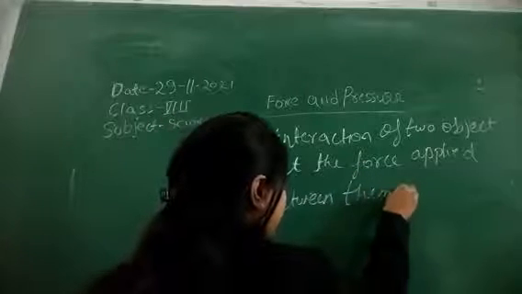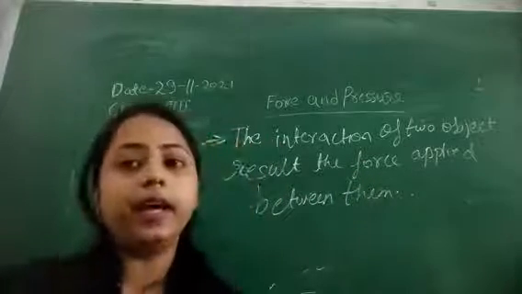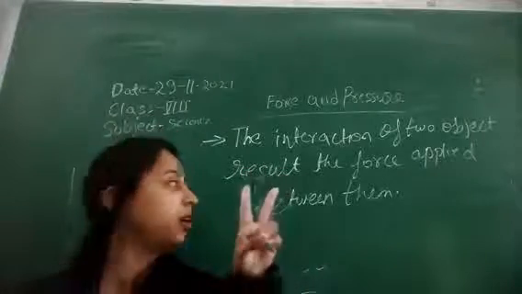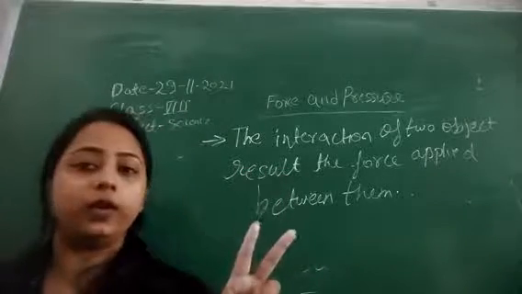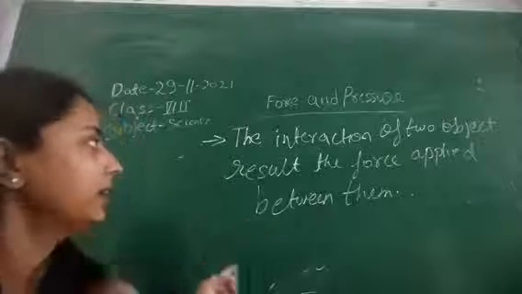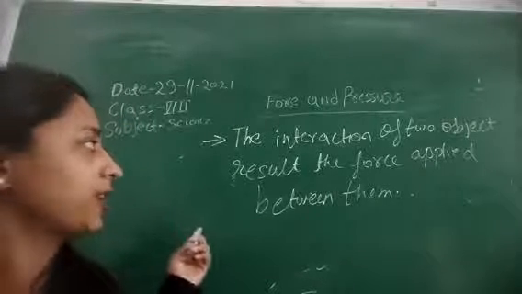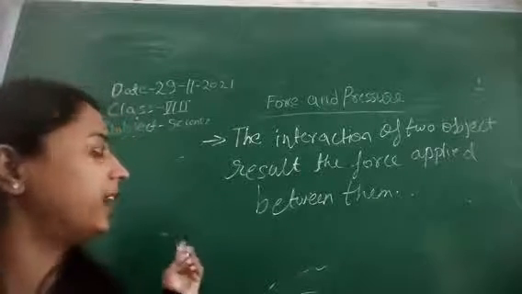So the first point, we need at least two objects to interact to come into play. And the second one, the interaction of two objects results in the force applied between them.